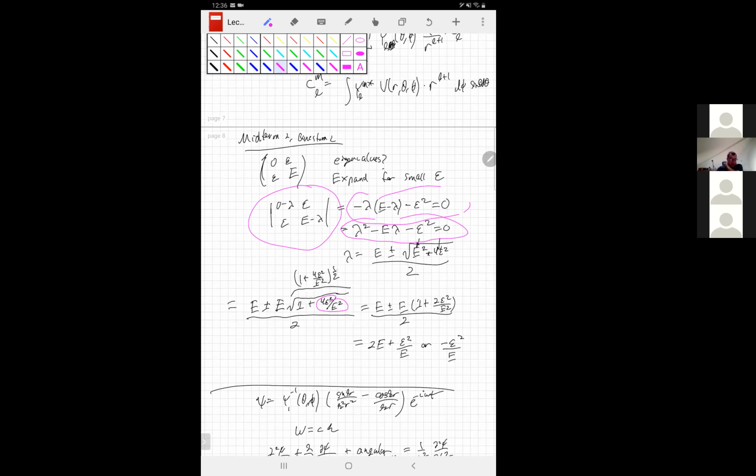N, the power, is 1/2. So I get 1 plus 1/2 times 4 epsilon squared over E squared. And 1/2 of 4 is 2. So I get 1 plus 2 epsilon squared over E squared. Any other questions about that one before we move on to another problem?